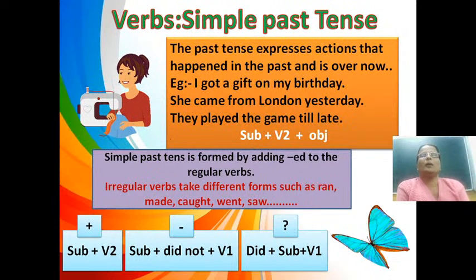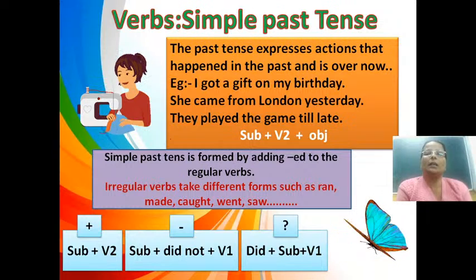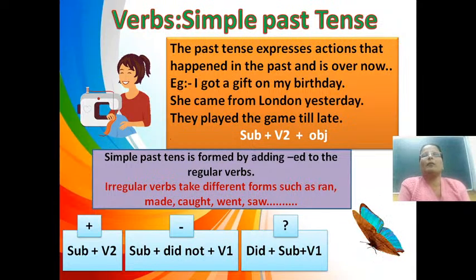Okay. Now, how do you form questions in simple past tense? You have to use did at the beginning. If you want to form questions in simple past tense, always remember that you have to use the helping verb did at the beginning of the question, and the first D should be a capital letter.